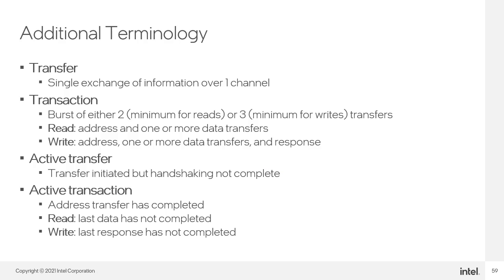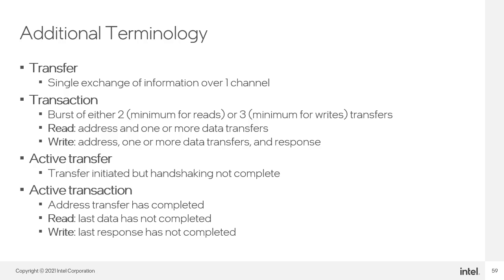A transfer is a single exchange of information over one of the 5 channels. For example, the sending of read data from an agent back to a host. A complete transaction consists of a burst of either 2 transfers for reads or 3 transfers for writes. For a read, one of the transfers is for the address channel and the other is for the data channel.